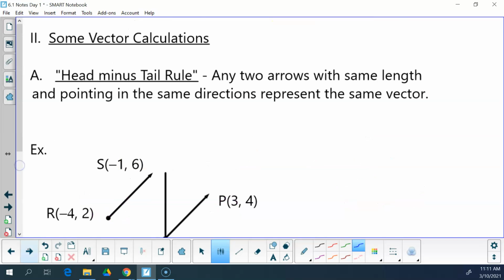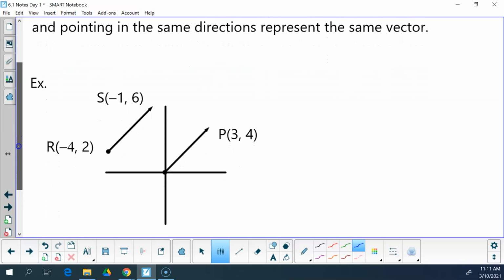One big rule when we're doing some vector calculations, it's always head minus the tail. Head always comes first, tail always comes second. So we can represent a vector anywhere in space. So this is at the point, we'll call it O, which is our origin.